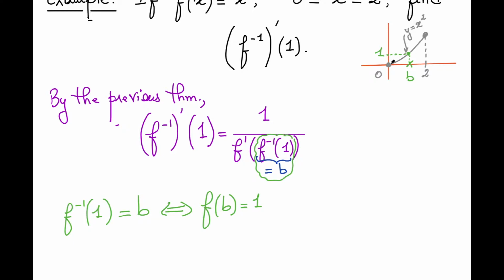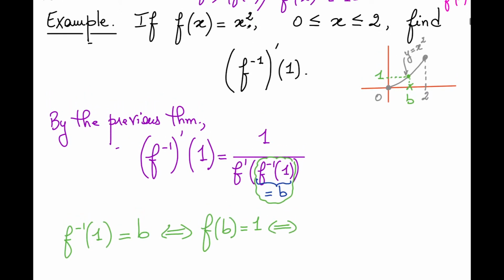Let's discover this again. This is the same thing as saying f of b. What's f of b here? F of x is x squared, so f of b is b squared, which is equal to 1. And that's the same thing as saying that b is plus or minus 1. But don't forget, our b should be part of the domain of the function f. So it's just the positive part, because the negative part is not part of the domain.